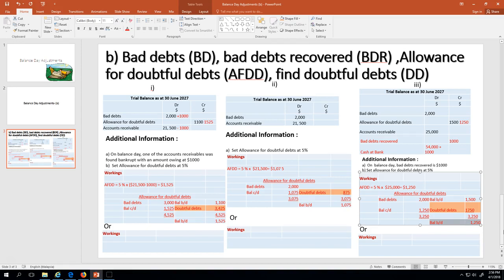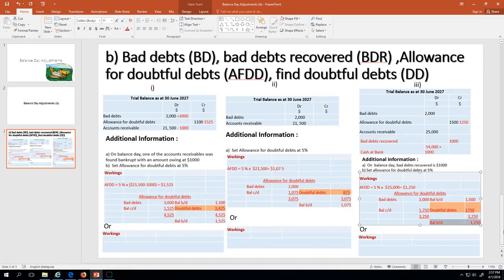Alright? However, for some of you, you might want to do a shortcut. However, this shortcut is given to you to enhance your understanding. Students, let me rephrase this to you. You are required to open AFDD. Probably not in this particular trial balance, but you are required to have the skill to do so in the statement of cash flow.